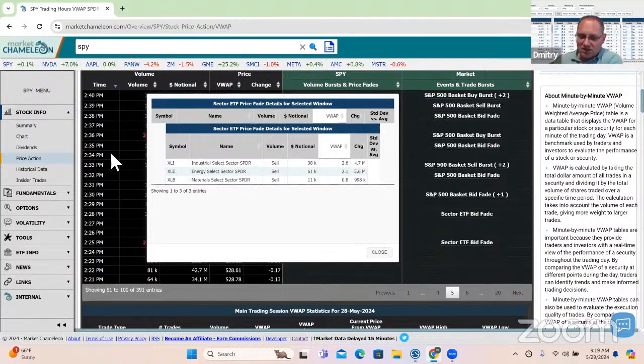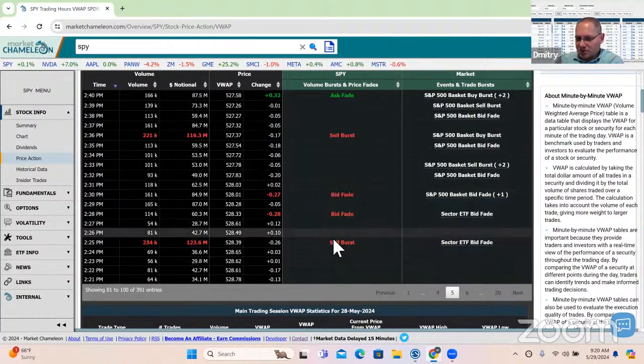There's a price fade in the industrial sector, energy sector, and material sector, all within that minute. So that could explain why we're getting this sell burst as well, that there's just a general weakness in the market. And again, we're looking at SPY, so this is a benchmark, and it's reacting to lots of things in the market.